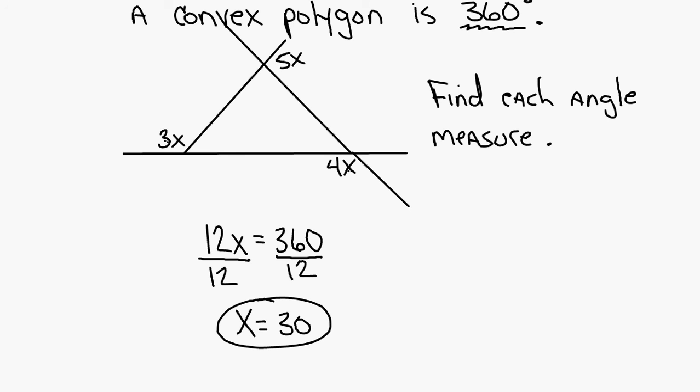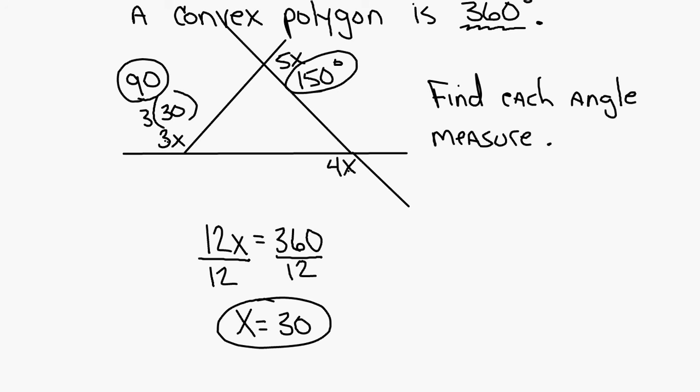If x is equal to 30 and you have to find each angle measure, then you're going to substitute. So this angle would be 3 times 30. And of course this picture is not to scale, so this first angle would be 90 degrees, right? 5 times 30 would be 150 degrees.